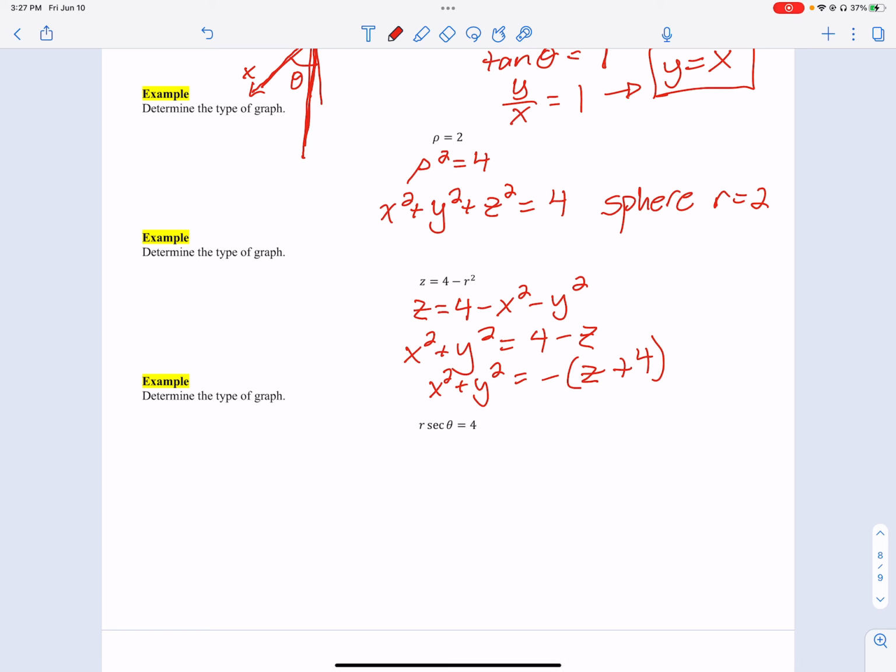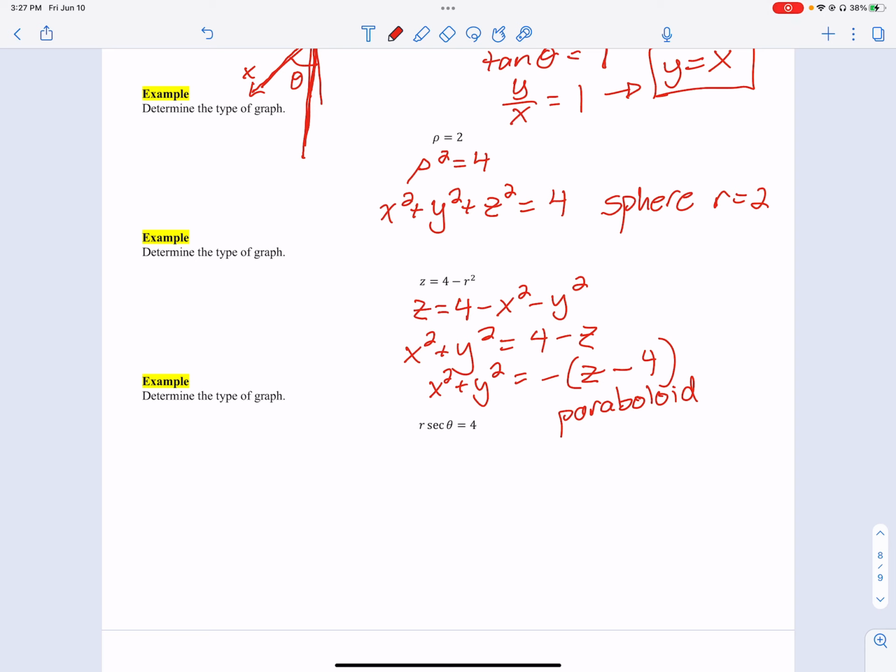There we go. That should be a minus 4. Check my algebra, it's right. But if I look back at the formulas from the section ago, this is a paraboloid in that form. We actually did an example that looked a lot like that.